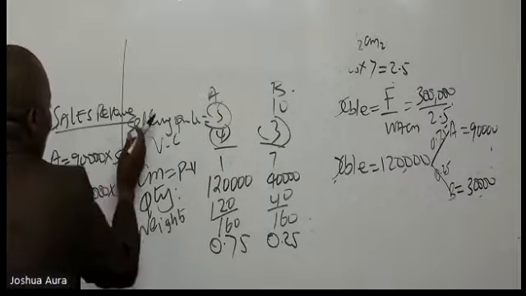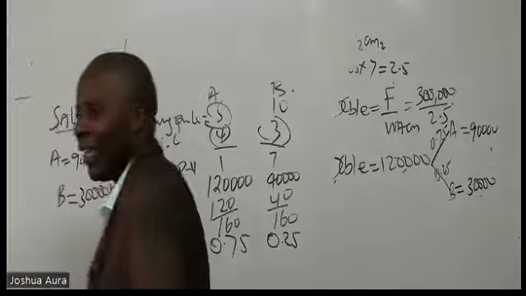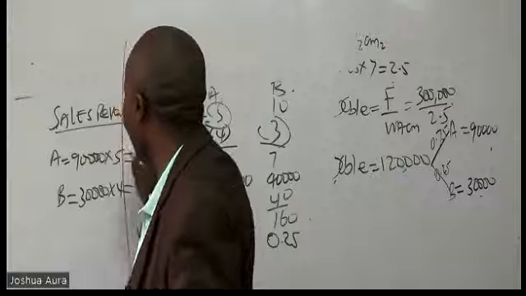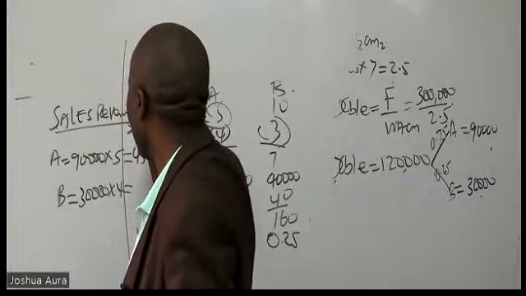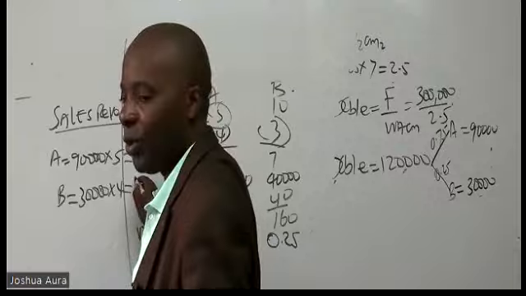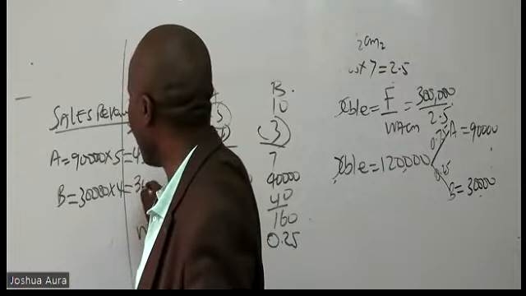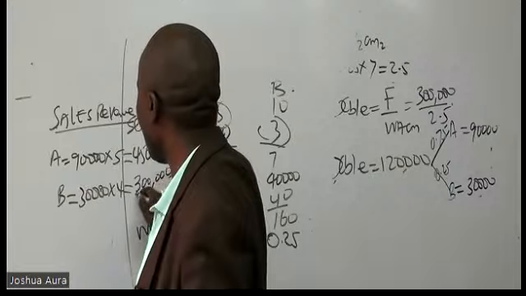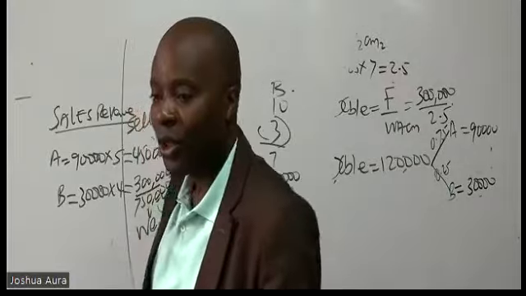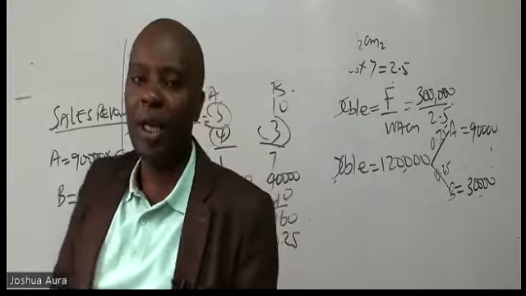So A gives me 450,000, and then B, what do we have at the end of the day? 300,000. So the total gives us 750,000.